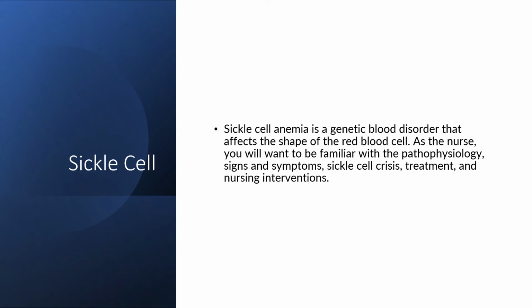And then, of course, education. So sickle cell anemia is a genetic blood disorder. Why are we talking about blood in the cardiovascular system? Because the cardiovascular system comprises the heart itself, and we just looked at some of the heart issues a few slides ago.